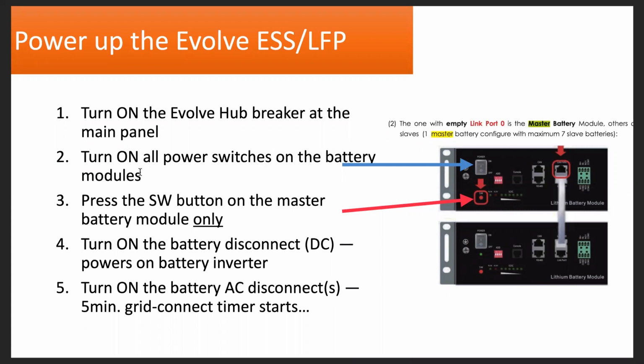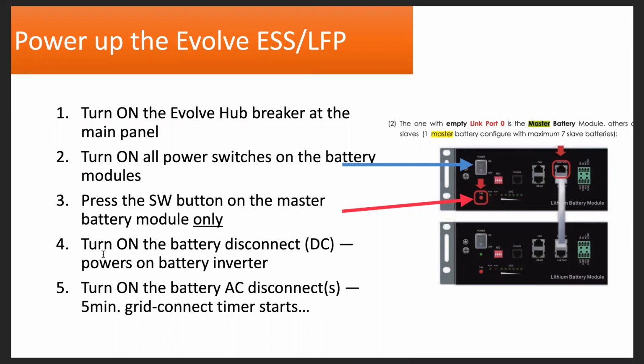The next step would be to turn on all the power switches on the battery modules themselves, shown here with that blue arrow where the power switches are. And then next you would press the SW button on the master battery module only. That denotes that module as the master and assigns addresses to all of the other battery modules in the rack.